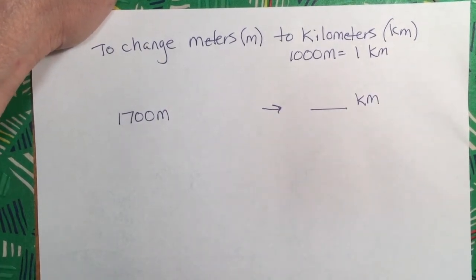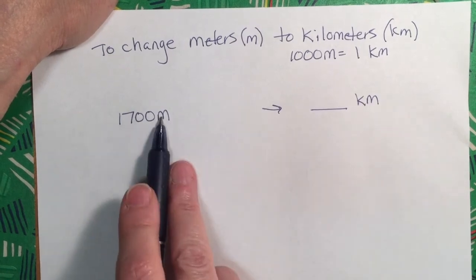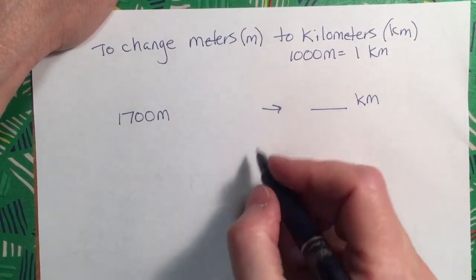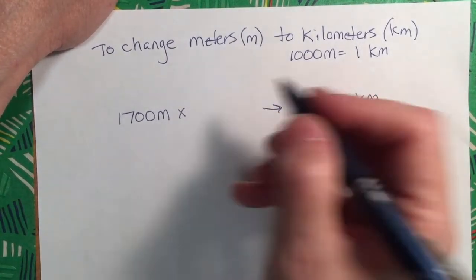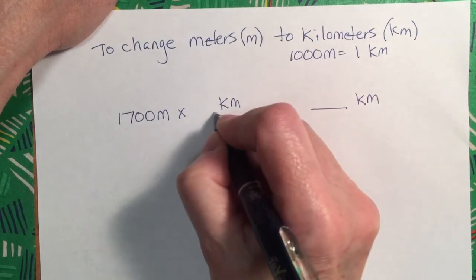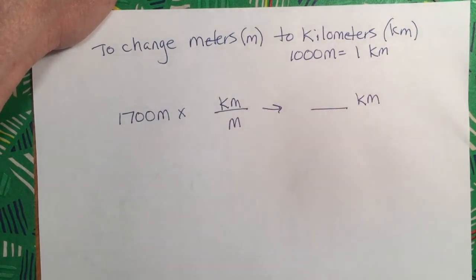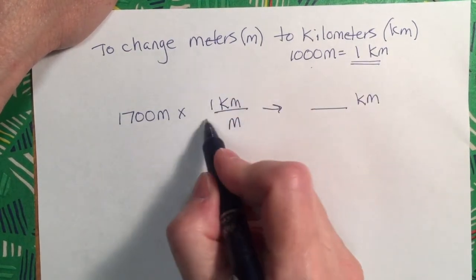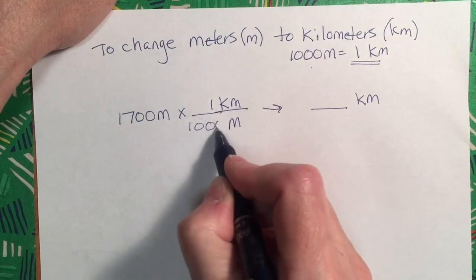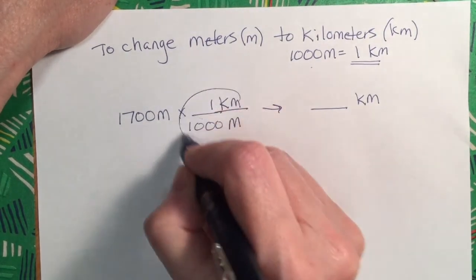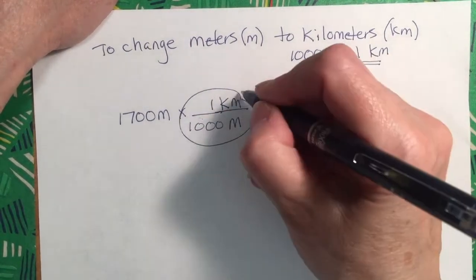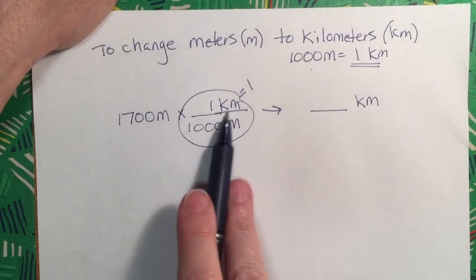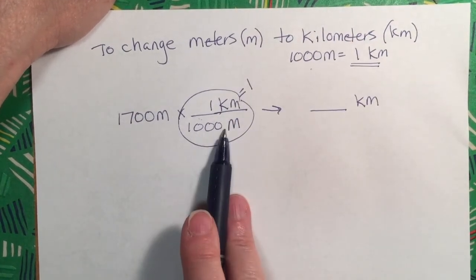Well, here's what we would do. We need to cancel the meters and bring in kilometers. So we want to multiply this by something with kilometers divided by meters. Okay. So what's the equivalent? 1 kilometer is the same as 1,000 meters. So this has a value of 1, right? Because 1 kilometer is the same value as 1,000 meters.